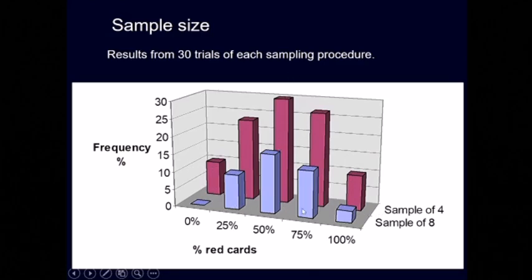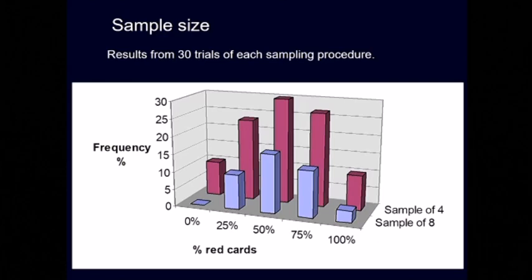But now look at the sample of 8. I get the extreme results much less often. I never got no red cards, and I only once or twice got all red cards. Again it's peaking around the average. So with the smaller sample, the one at the back, you get the atypical results more often than with the larger sample.